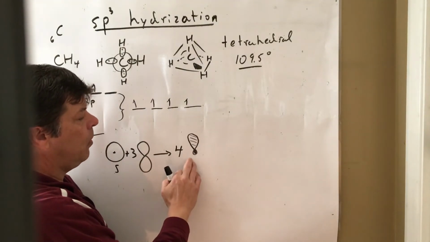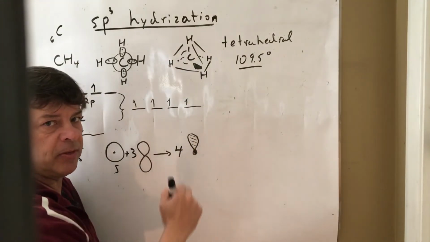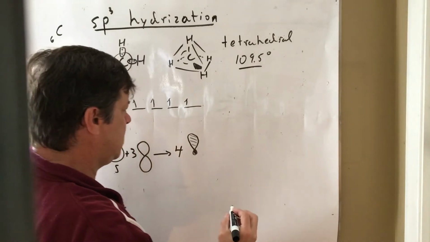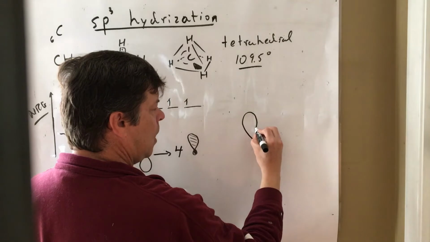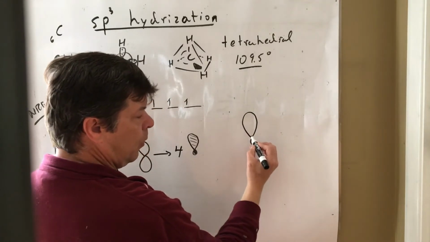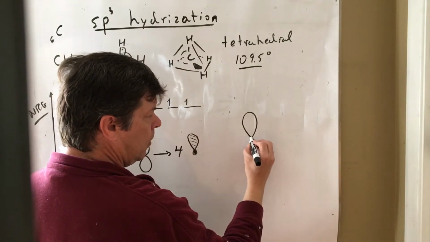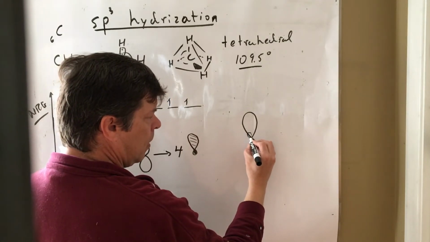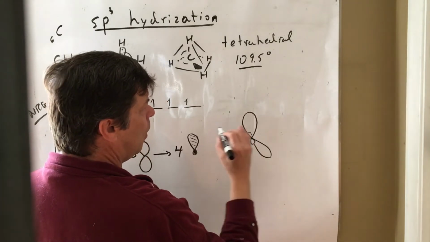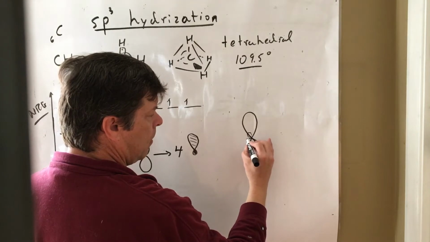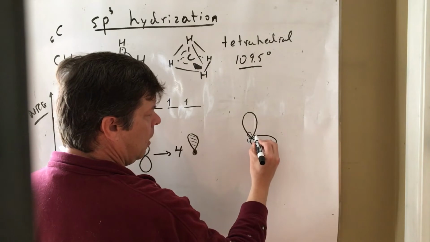So let's look at how these form this tetrahedral shape. Let me see if I can draw this. Now we have 4 of these. We know we have 1 like this. Of course, the carbon atom is going to be right there. We have 1 coming out toward you, 1 going into the board, and then 1 coming out here.